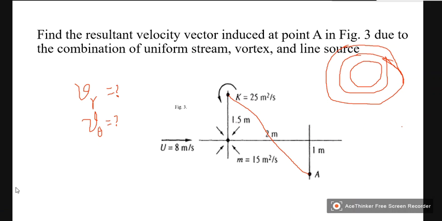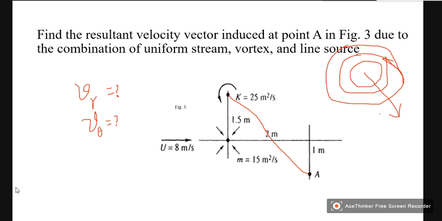The velocity will be only in which direction? V theta. You should use the correct terminology. Radial direction means this is the radial direction. Will the flow take place like this?